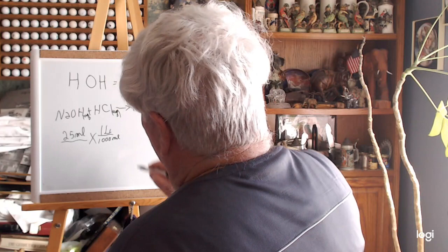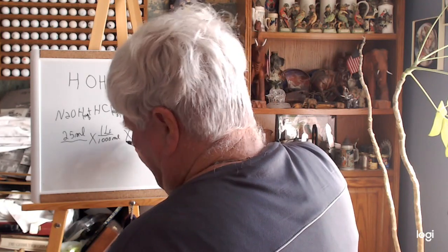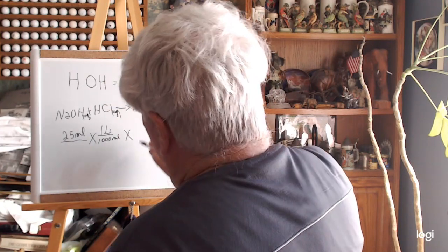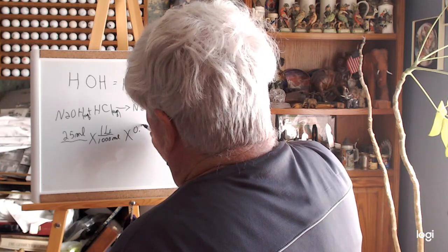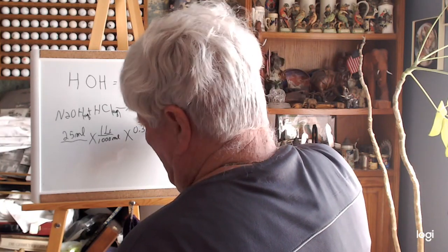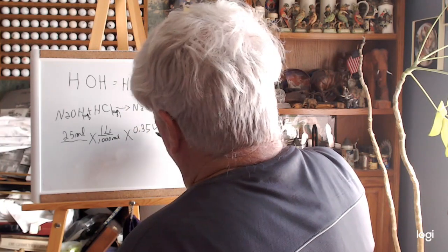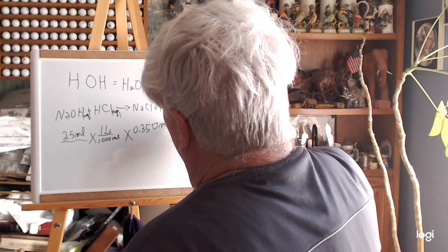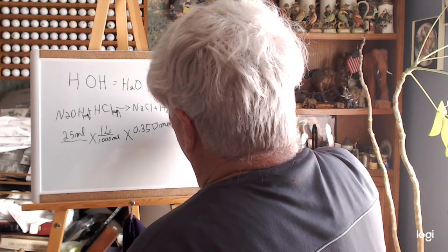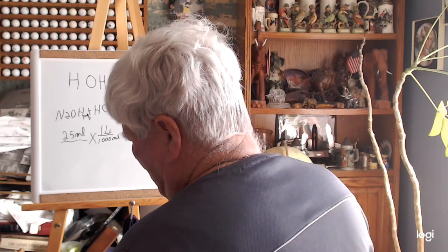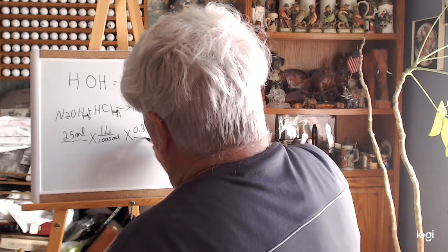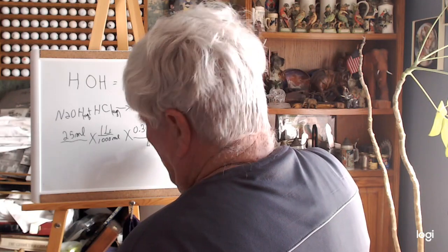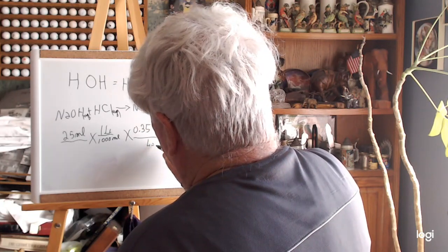Then whatever you get, you multiply by 0.350 moles of the hydroxide, same as the sodium hydroxide, divided by the liters of NaOH.